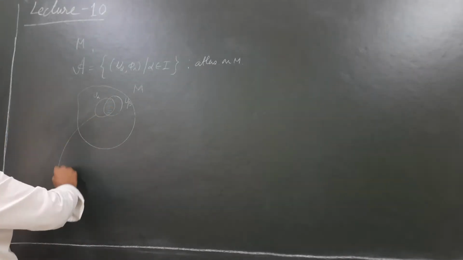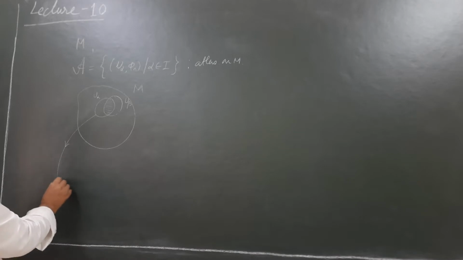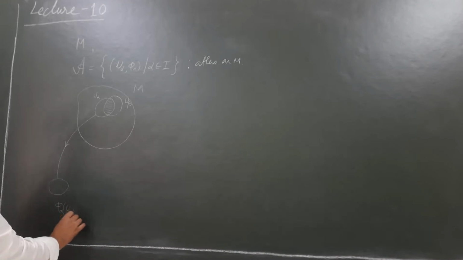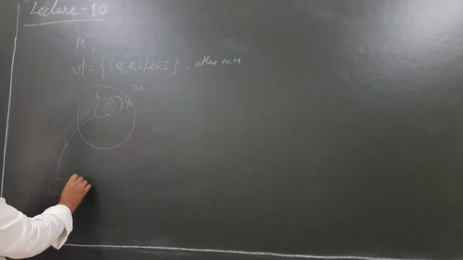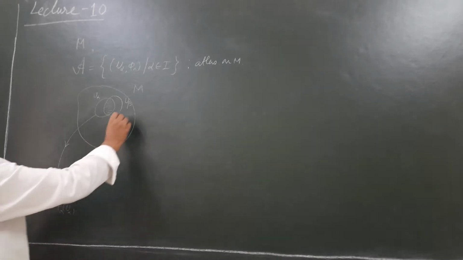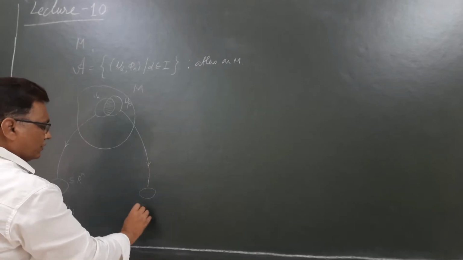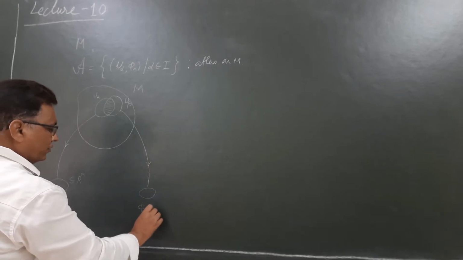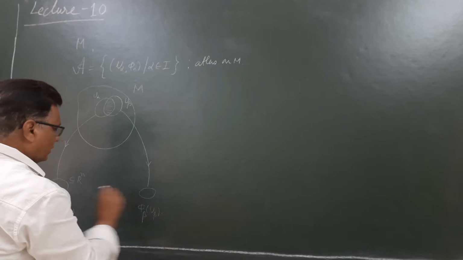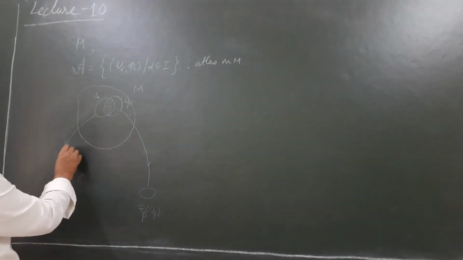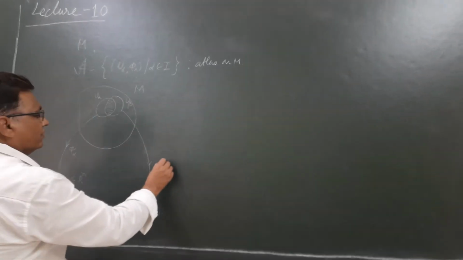U_alpha is homeomorphic to some open set over here, say phi_alpha(U_alpha). This is open in R^n. Similarly, U_beta is also homeomorphic to some other open set phi_beta(U_beta), and the homeomorphisms are phi_alpha and phi_beta.